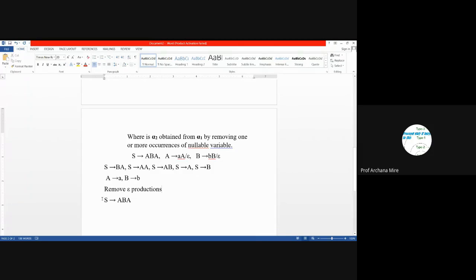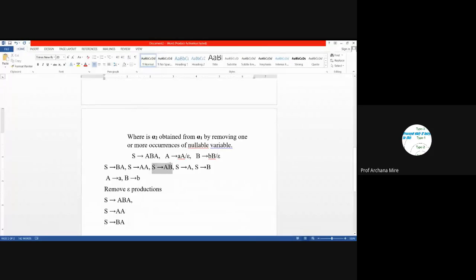So what we are doing, we are writing the first production rule, S leading to ABA. There is no epsilon, so we can insert. Then the next production rule we will insert is S leading to BA. Then S leading to AA. Then S leading to AB.